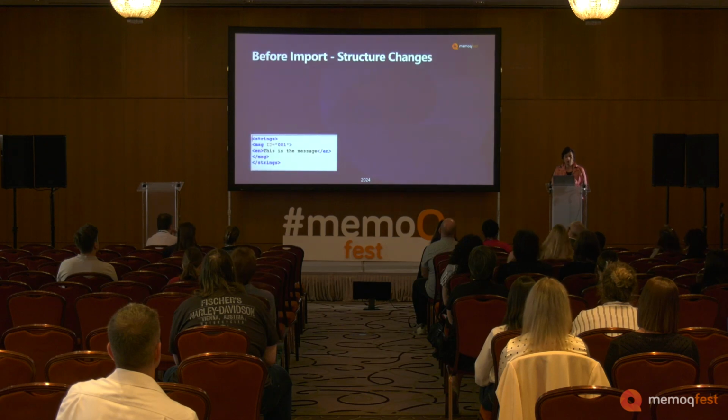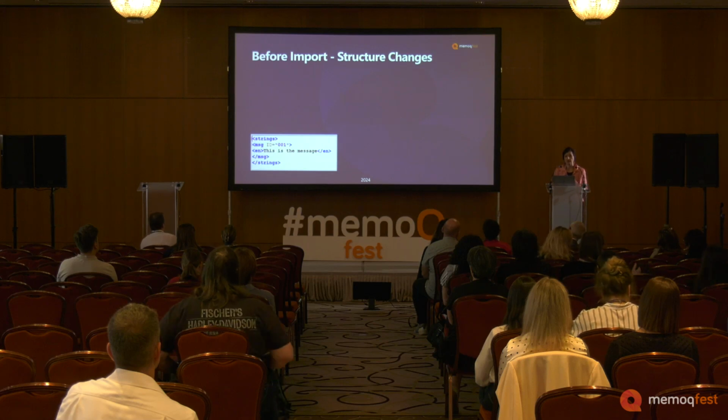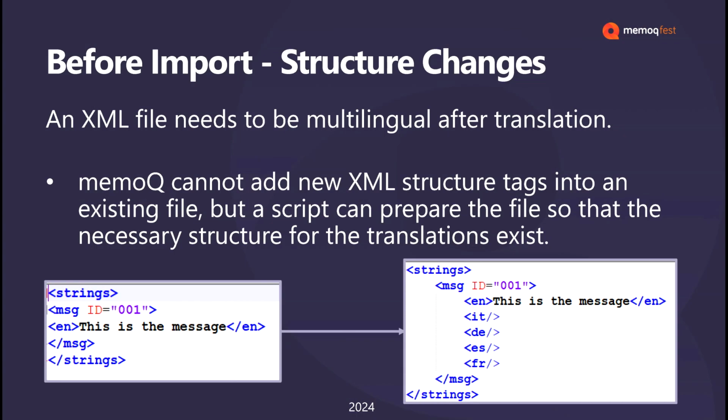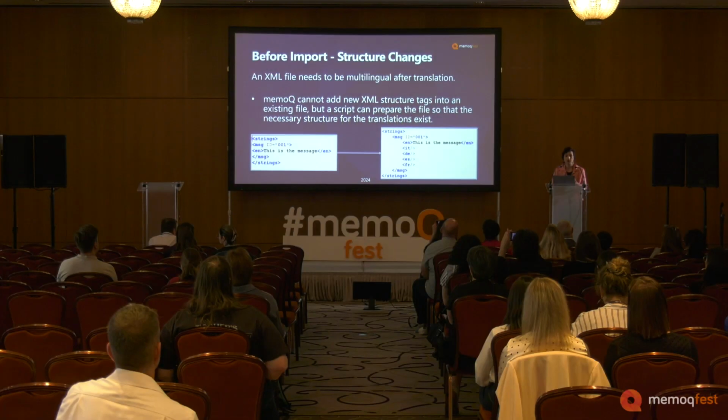Another example would be, I have this XML file, and the client says, after translation, this should be multilingual. Now, before I can add a file and translate it into several languages in XML, it actually needs to have all the language tags for the target languages in it. Without those, memoQ cannot create a multilingual file.